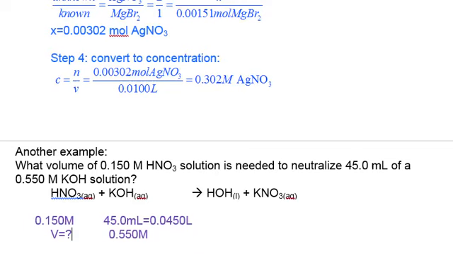So again, looking at our dimensional analysis, what we get out of that. So first step, which thing do we know enough about? Well, we have volume and concentration of our KOH. So volume times concentration is going to give us moles. Again, convert those milliliters to liters.